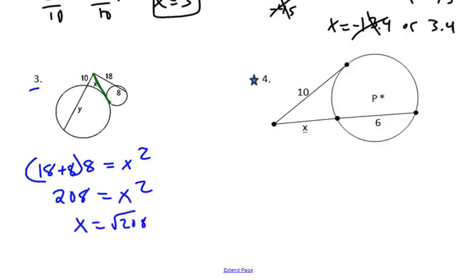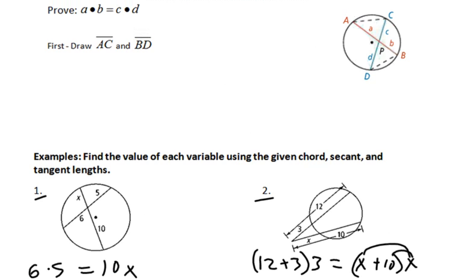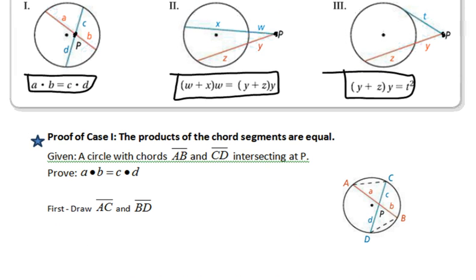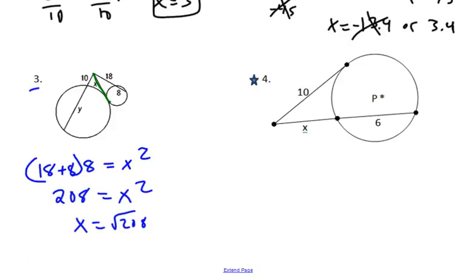Well, I hope we did that one right. Looking up there again, y plus z times y equals t squared. 18 plus 8. Oh, I did it wrong. Times 18. Why did I do that? This is times 18. 18 is the outside one.